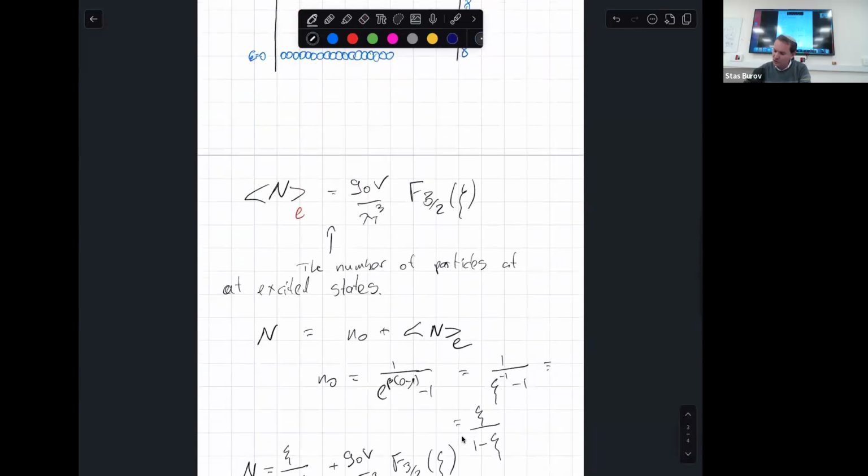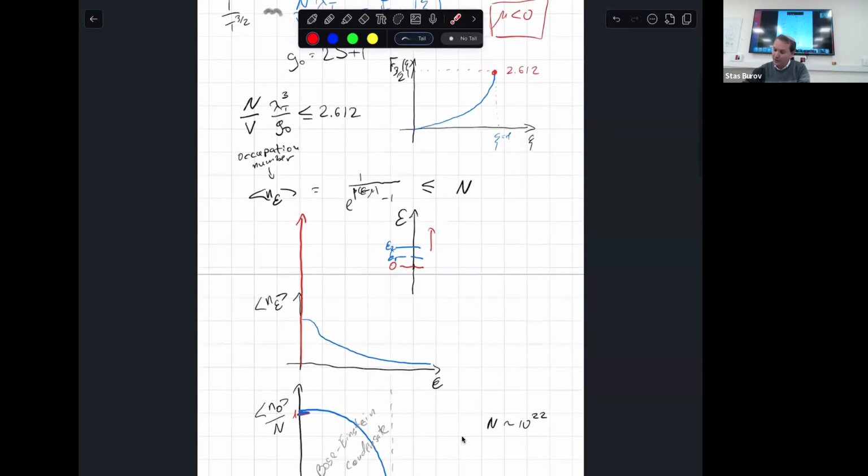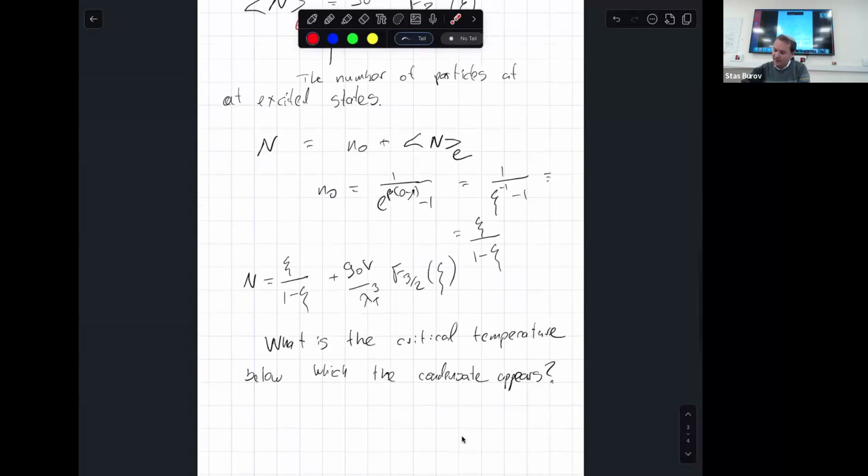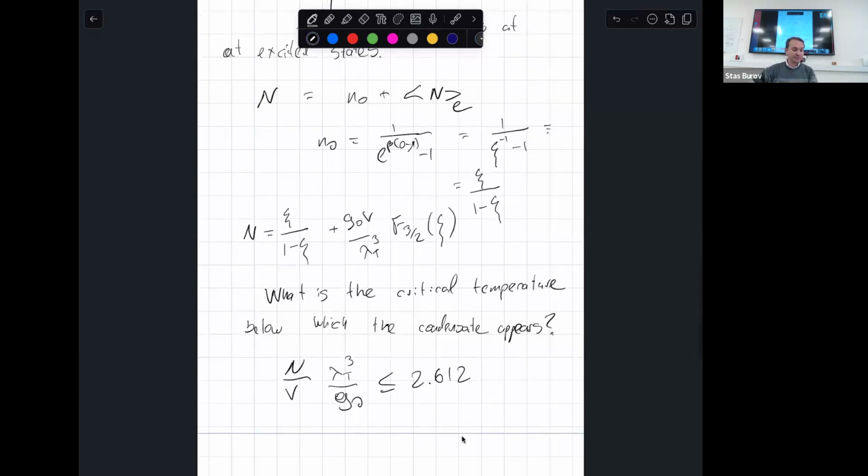So we had this expression. There it is, where we started. That's what we had. Okay? So we know that n divided by V lambda_T to the third g0 is equal to or less than 2.612.